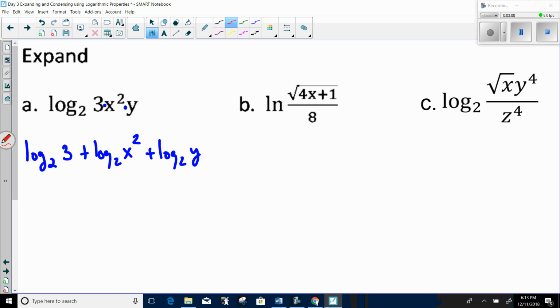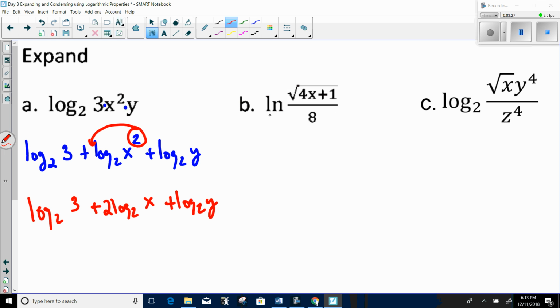Now the last thing that you can do is this exponent property says we can take this 2 and move it out front. So the answer that I would be looking for would be log base 2 of 3 plus 2 log base 2 of x plus log base 2 of y. And that's just expanding. It's just using the properties. That's all you're going to be asked to do, expand and condense. Expand means make it larger. Condense means make it smaller.